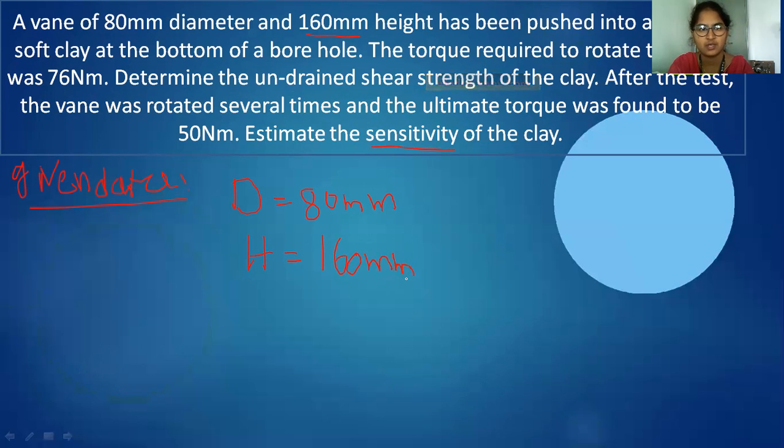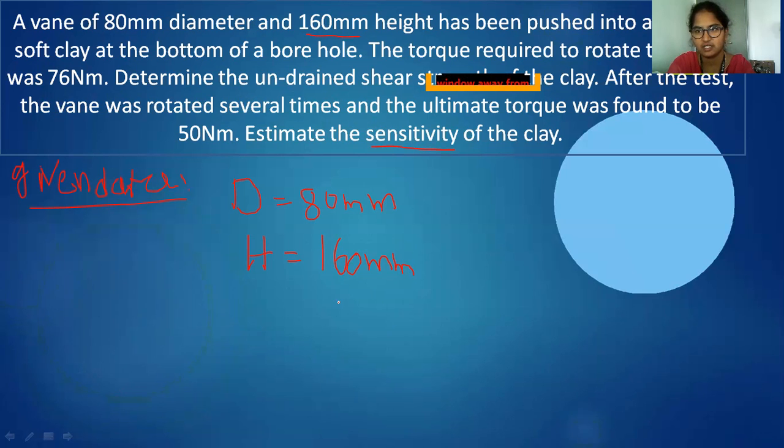Pushed into in situ soft clay at the bottom of the borehole. The torque required to rotate the vane was 76 Newton meter.